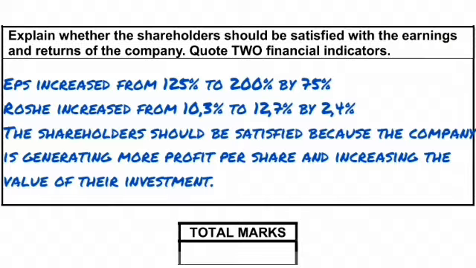Should the shareholders be satisfied or not? We say the shareholders should be satisfied because the company is generating more profit per share and increasing the value of their investment. So when you see those two figures increase, this is a good thing for our existing shareholders. It means when they need to resell, they will make more, and that's why they should be satisfied.